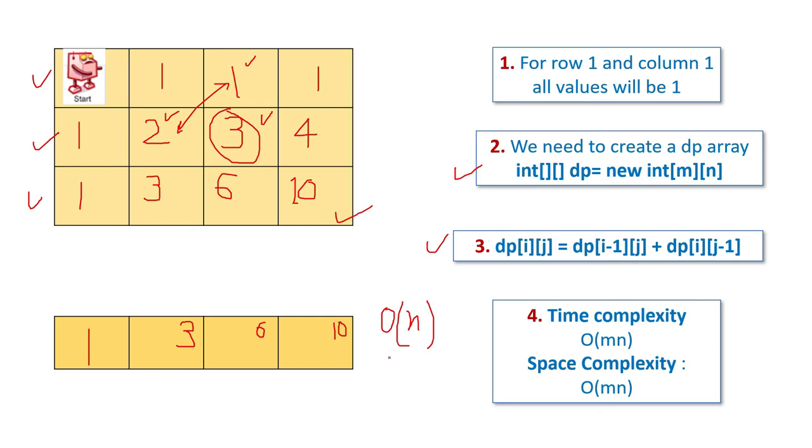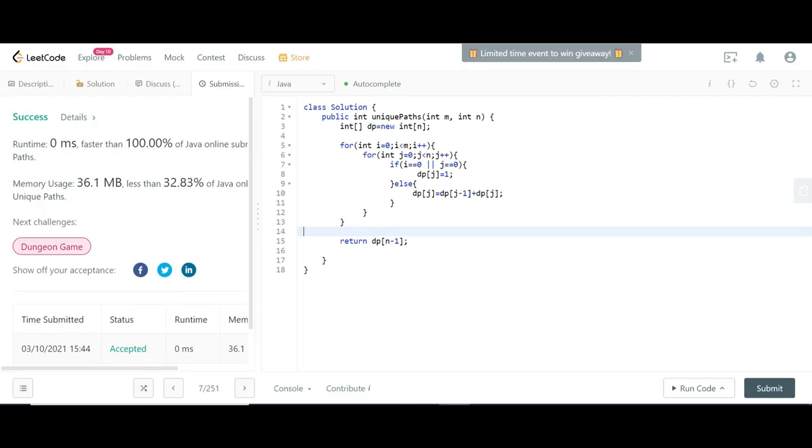Now just check the program. So here is the program for that. The input is m and n. I have defined the other technique where the space complexity will be O of n instead of O of mn, where I would have to take a 2D array. So I have defined a DP array of length n, and then I am iterating row-wise, and inside that I am iterating over the columns.